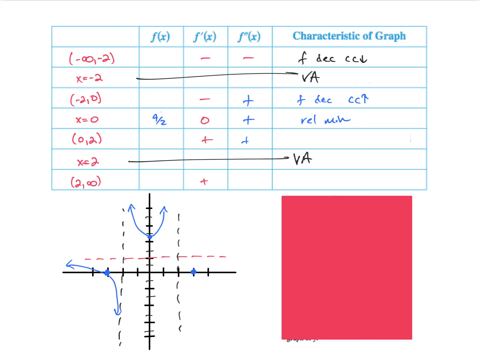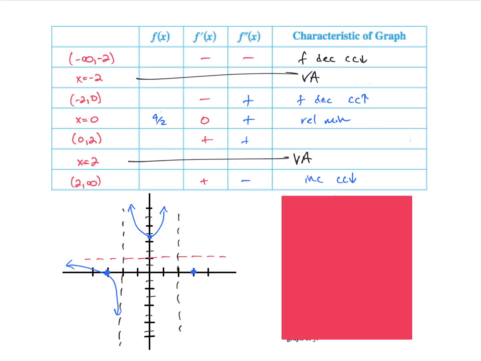So 2 to infinity, like let's substitute in 3. So if we substitute in 3, positive or negative? I have negative 20 over what? Positive. So I have a negative. So that means it's increasing and concave down.